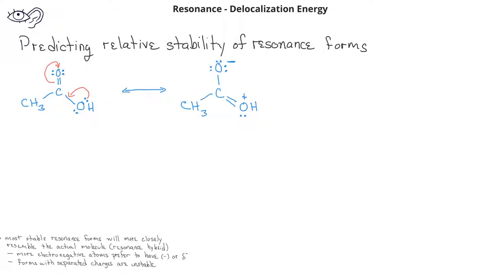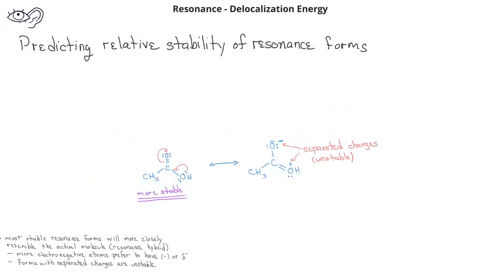The alternative resonance form has a double bond from the carbon to the oxygen that has the hydrogen, and there's a positive charge on that oxygen. The second oxygen in the structure has 3 lone pairs of electrons around it and a negative charge. Which of these two structures would we predict to be more stable? Since we see that the structure on the right has separated charges, that structure will be unstable.